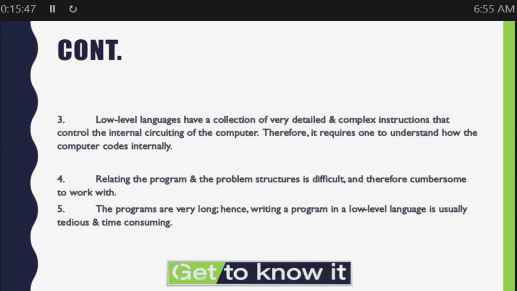So if you are to write a word that has, say, 3 letters, you'll need at least 8 times 3 or 7 times 3 zeros and ones. If you're now to write a program with sentences and paragraphs and all that, you'll have lots of zeros and ones, and that becomes very tedious and time consuming.